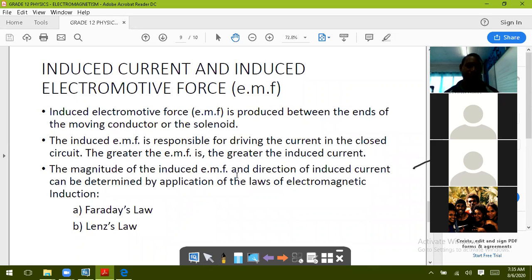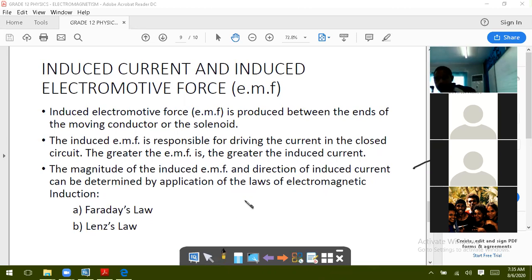It produces current. So the third point down here, the magnitude of induced EMF, which stands for electromotive force, is basically the voltage or potential difference responsible for driving the current around in a circuit.